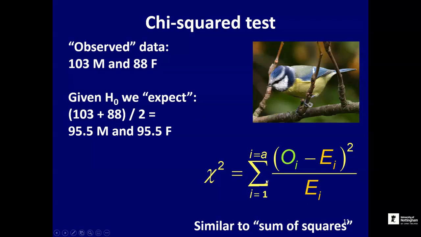So we're going to do a very simple sum here across 2 numbers. We've got 2 observed data points, and for each of them we're going to calculate what this equation is. So we take each observation, so 103 males is the first observation, for example. We're going to take away the expectation, square it, and divide it through by the expectation.